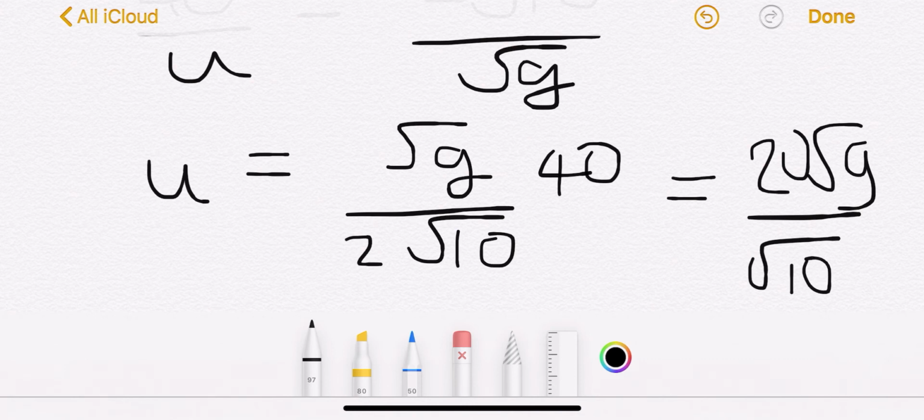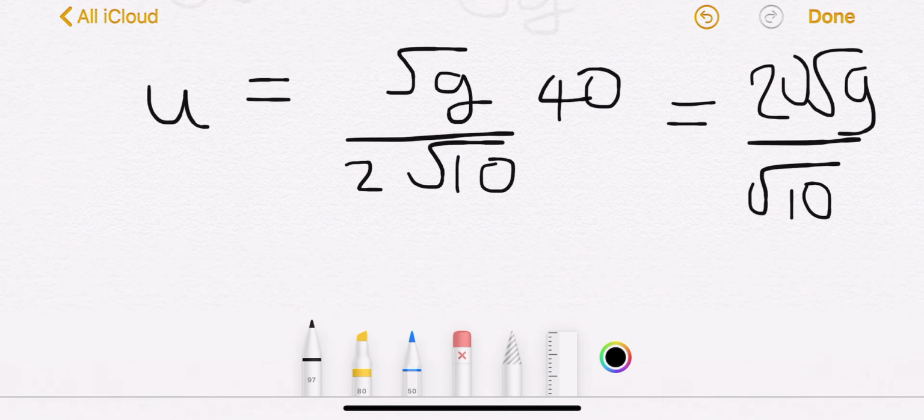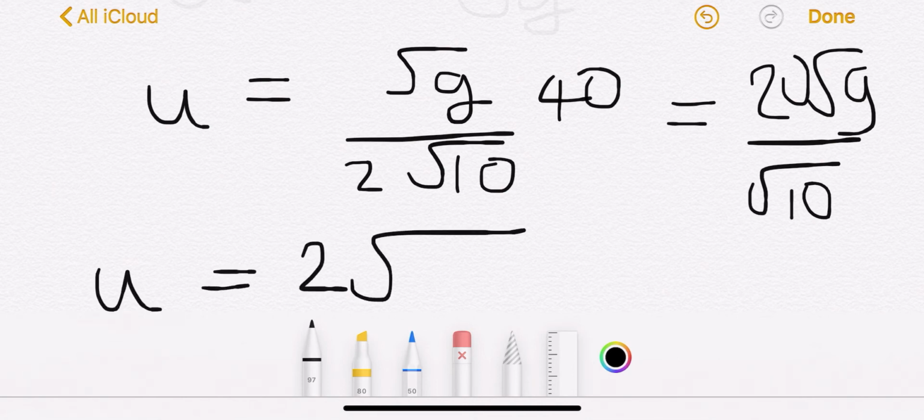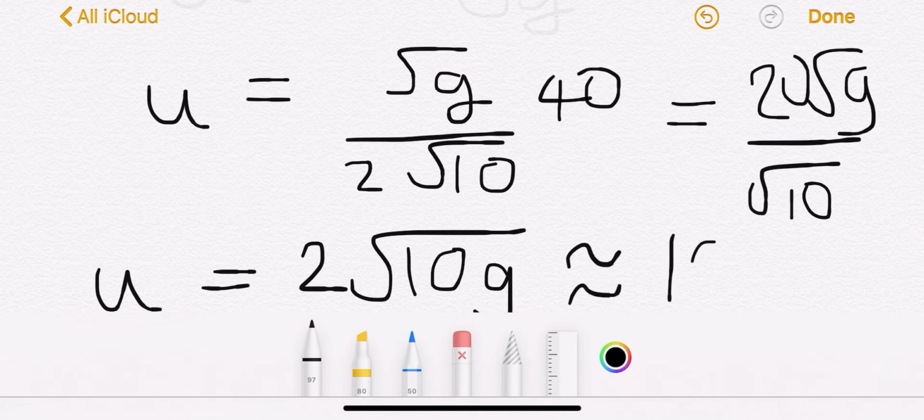Rationalising the denominator by multiplying by root 10 over root 10 gives us u equals 2 root 10g, which is approximately 19.8 meters per second.